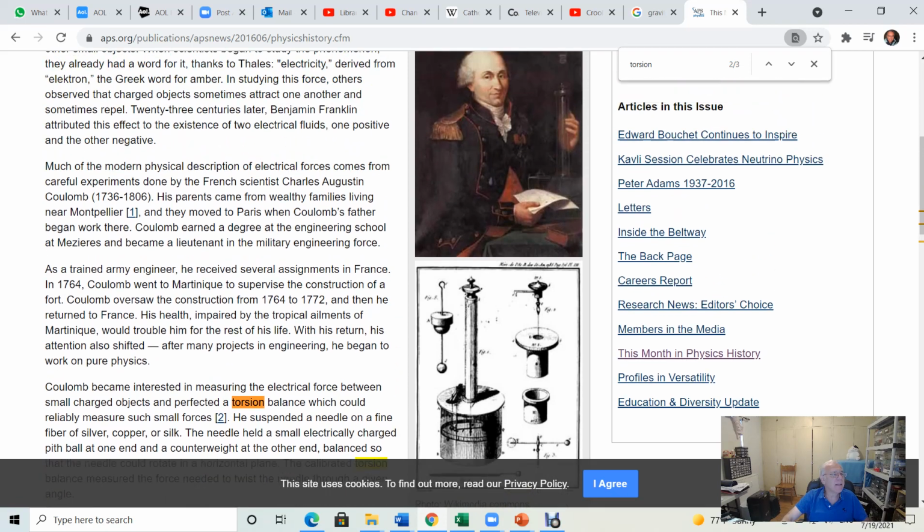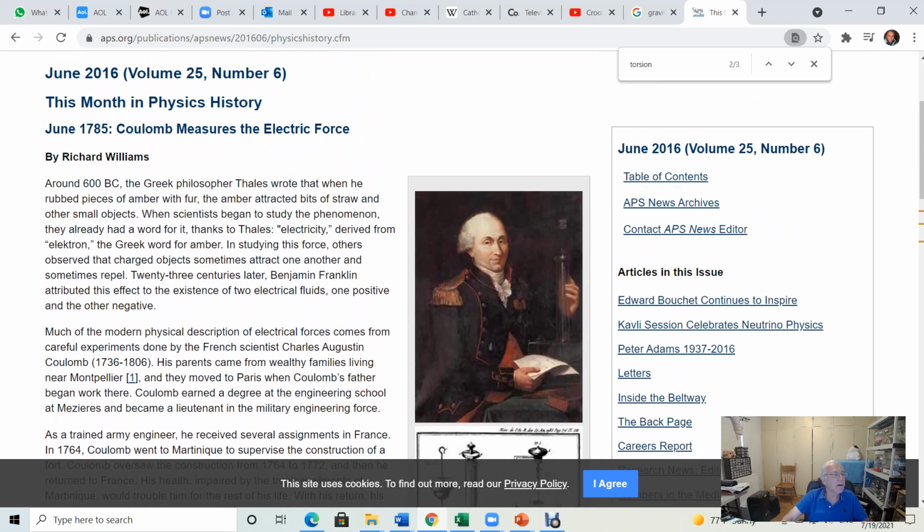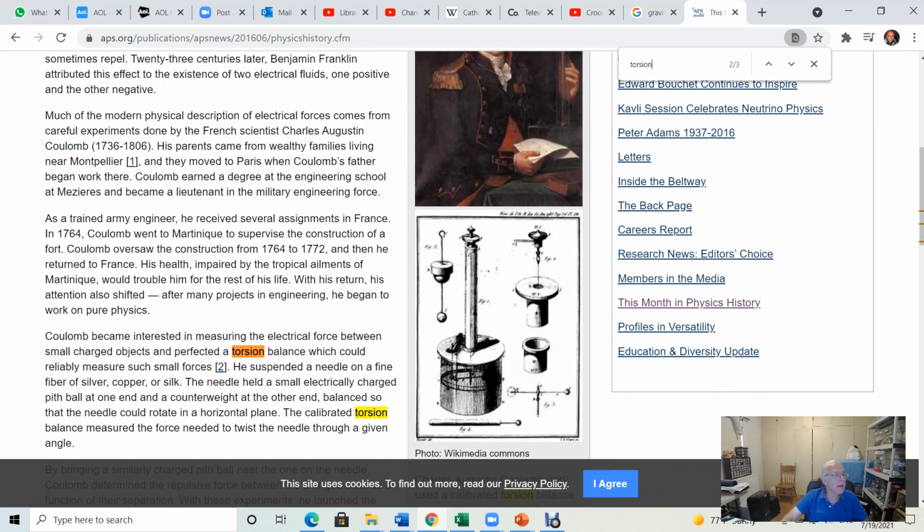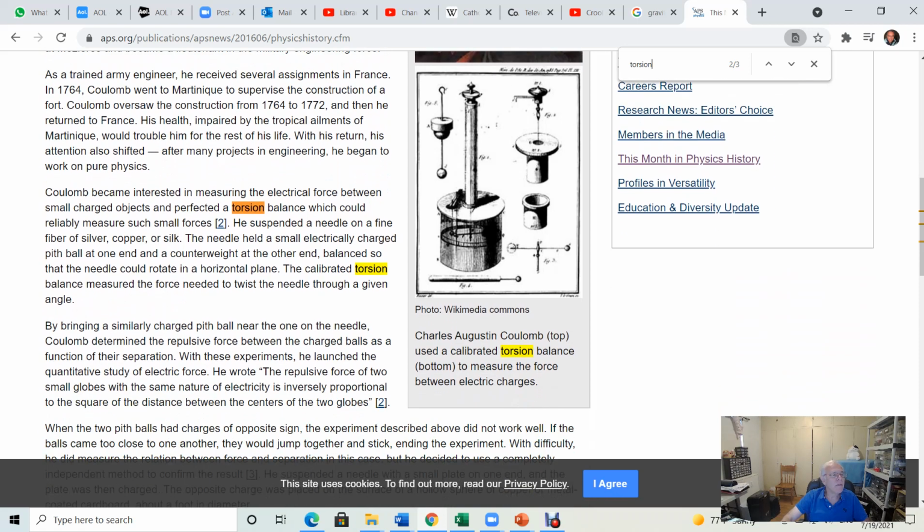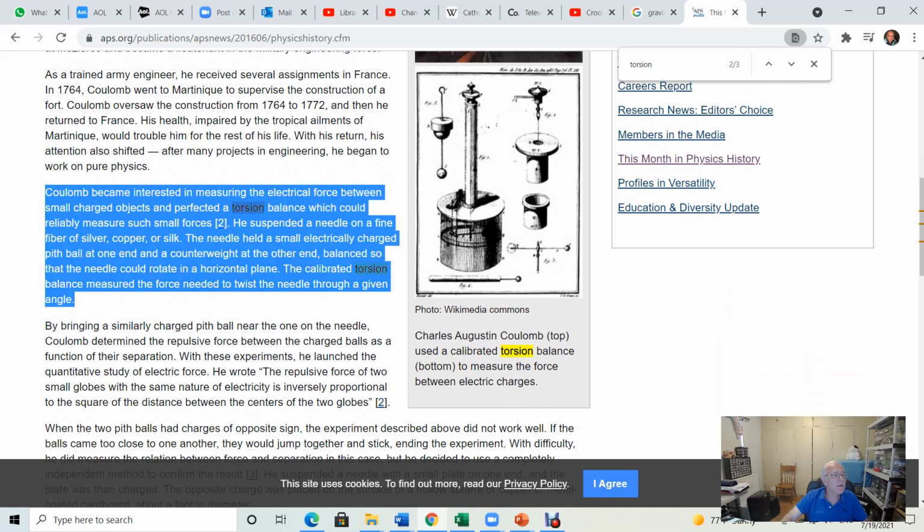When he did that, let's see when he did that. Okay, he did that to provide the construction of a fort. Coulomb oversaw the construction and then he returned to France, his health impaired by tropical ailments in Martinique. Coulomb became interested in measuring the electric force between a small charged object and a torsion balance. Which year was that? He didn't say.